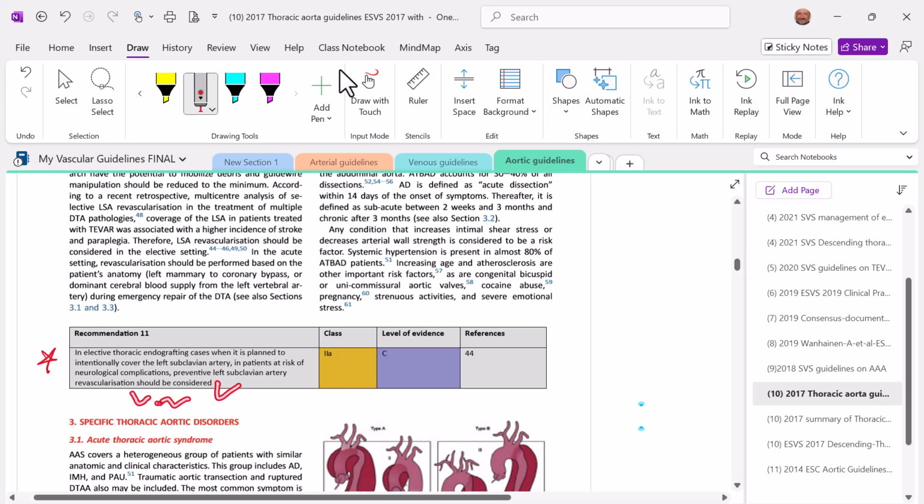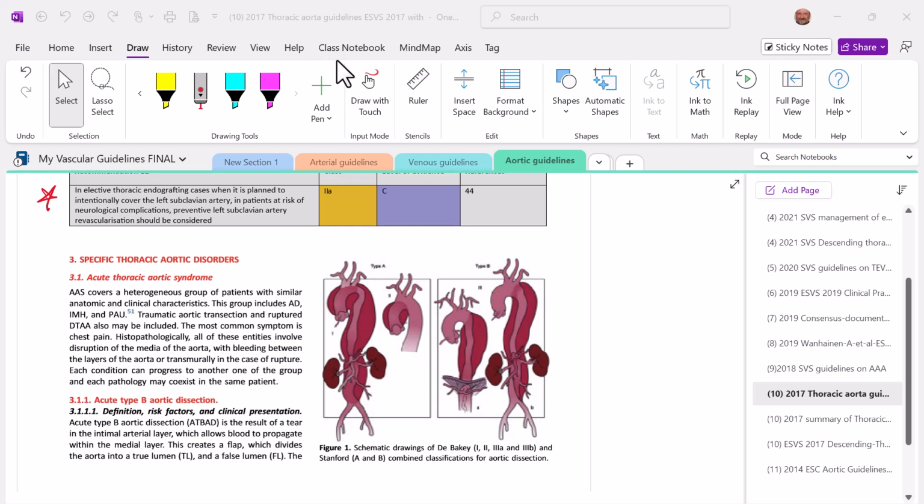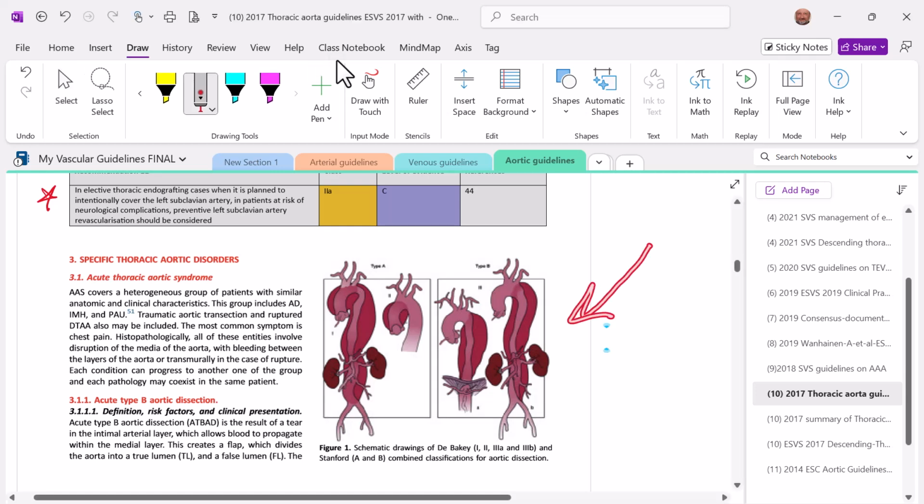And here, "should be considered": you can get away without complication, but it should be considered. Some papers say it is safer to do either carotid-carotid or carotid-subclavian bypass in order to perfuse the left subclavian artery. So this is a very important recommendation. Now this is a very important diagram.